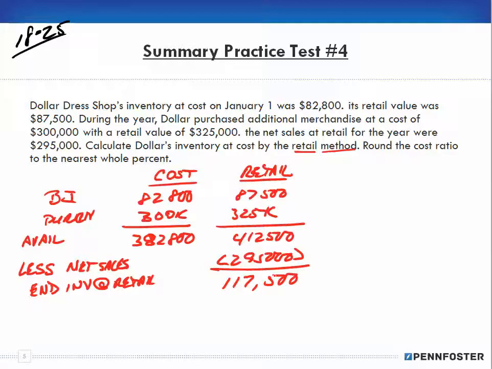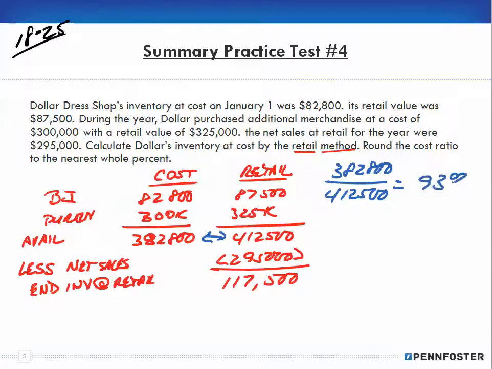Now, like I kept saying, we have to figure out our cost ratio between our cost and our retail. So we have our 382,800, and we're dividing that by the 412,500 in order to get the ratio, which ends up being 93%. Okay.